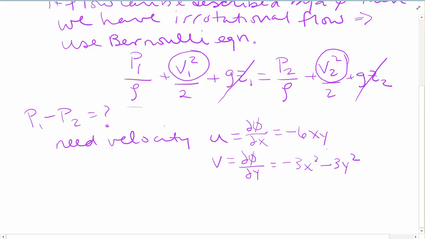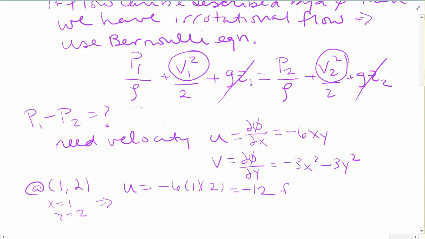So now we have two equations for the velocity components, and we know the coordinates of each of our points. Let's look at the first point, 1 and 2. So x will equal 1 here, y equals 2. We'll plug these values into the equations for u and v. So u is going to be negative 6 times 1 times 2, which is negative 12 feet per second.